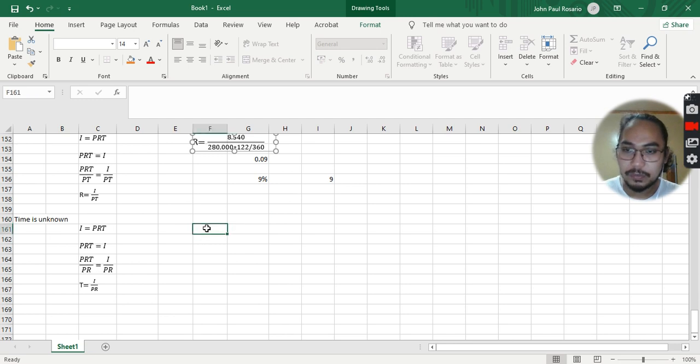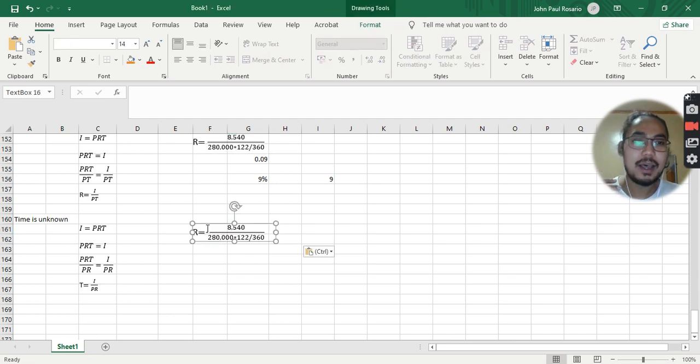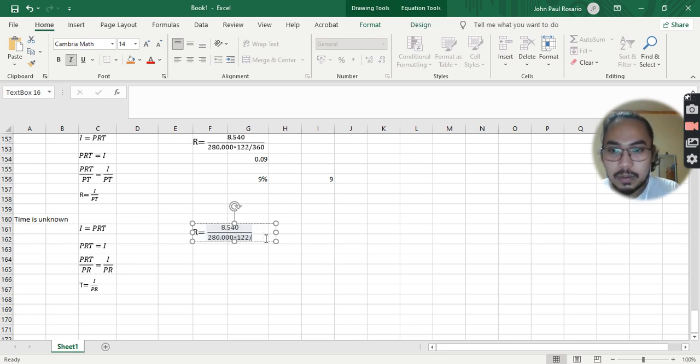Now for the number of days. This time, interest is known, principal is known, and rate is known, but the time is not. So what we will do is divide the interest by the principal times the rate.